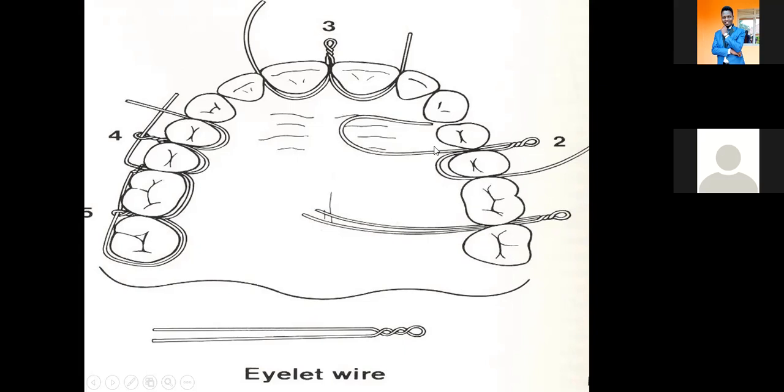So one side you pass it that way, the other side you pass it this way. Now this end, which is on the distal side, you pass through this eye, and then this one you pull out, and then you tie them, then you cut and curve the end and hide it here so that it avoids trauma.